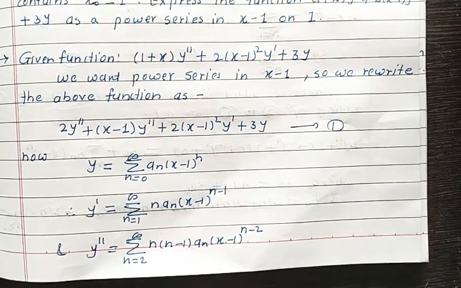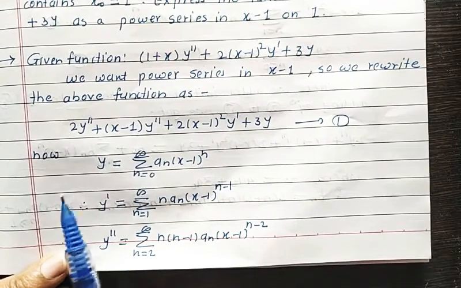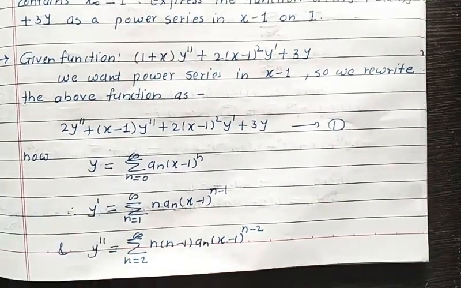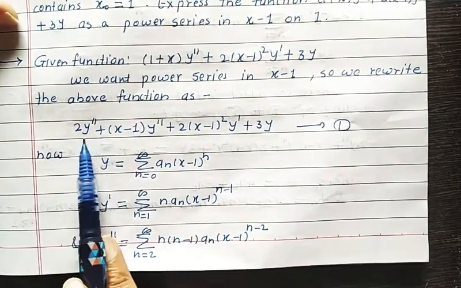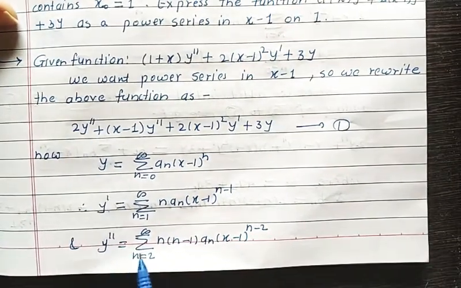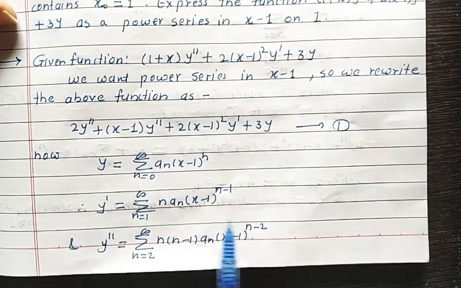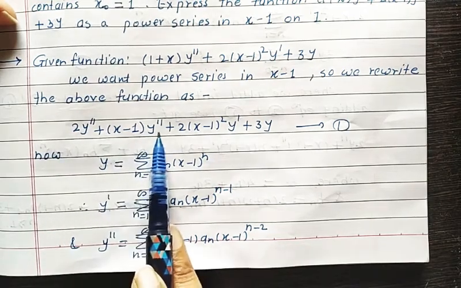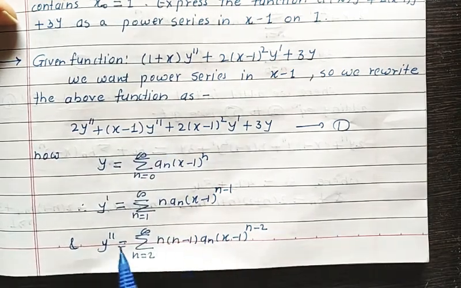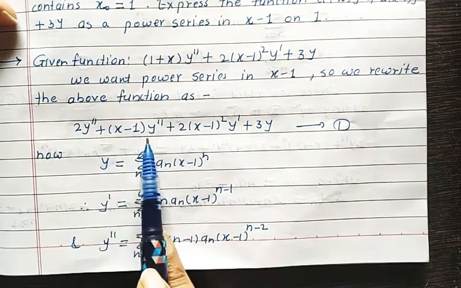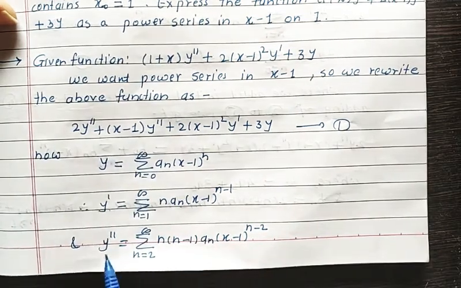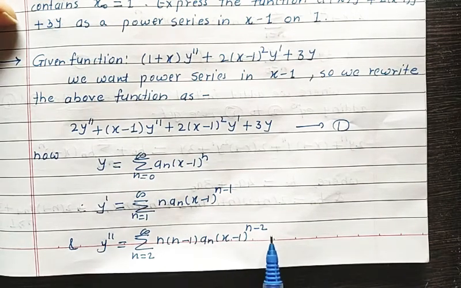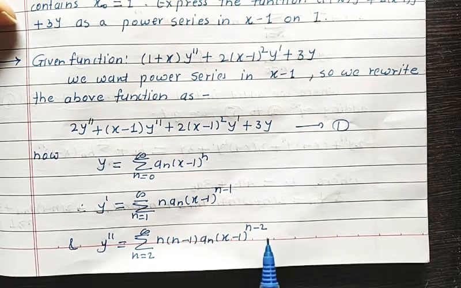We can directly substitute, or we will find all these 4 terms. We will find 2 into y double dash, which means we multiply this series by 2. Then x minus 1 into y double dash, which means we multiply this series by x minus 1. x minus 1 into x minus 1 raised to n minus 2 becomes x minus 1 raised to n minus 1.